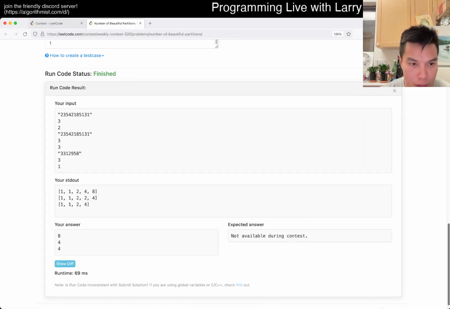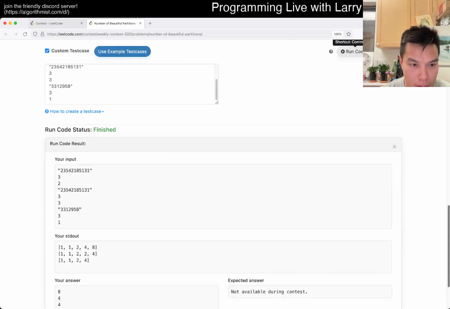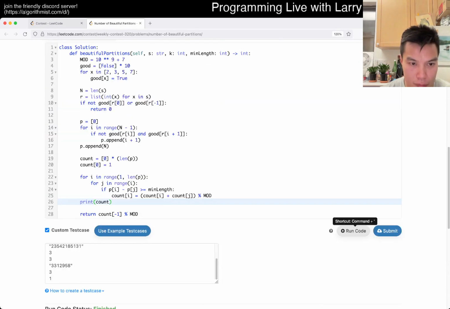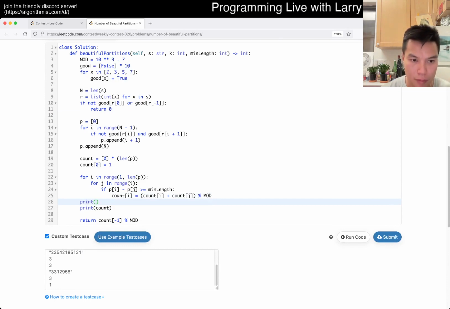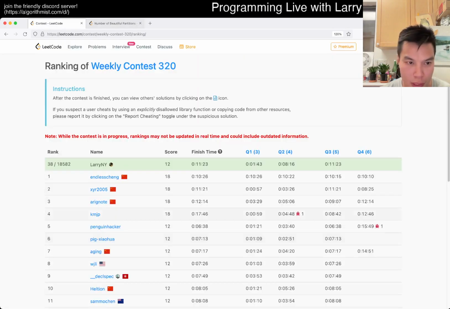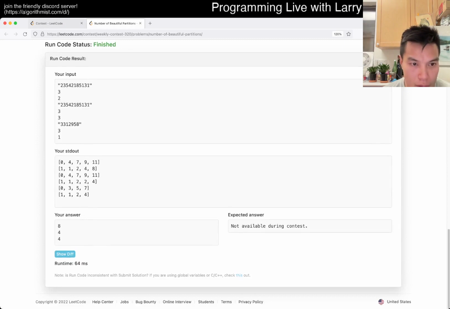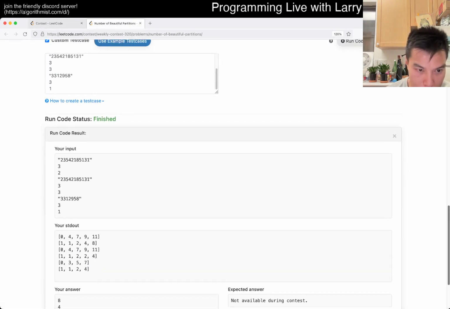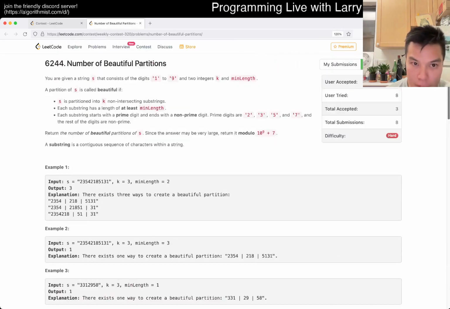This should be a pretty straightforward one though, so this is a little bit sad. Maybe not. Maybe people are just way whatever about it. Let's see, 04 was the minimum length 2.